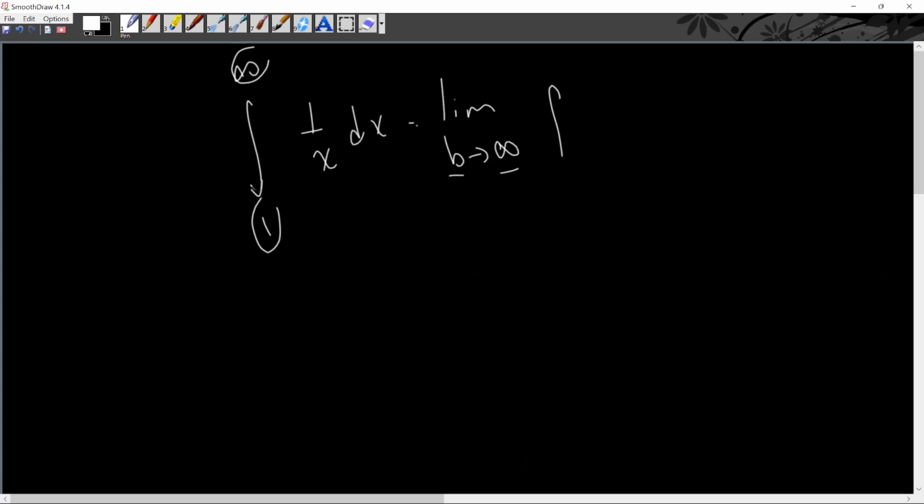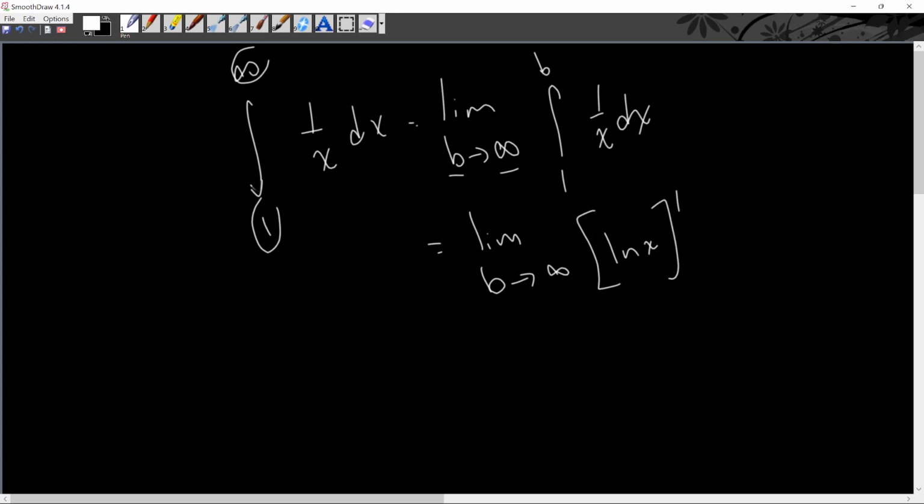You can't take infinite area under the curve, so you rewrite infinity as b or t or whatever, and you do the integral from 1 to b of 1 over x dx. Now you have the limit as b approaches infinity of the integral of 1 over x, which, as we've said many times, is ln x from 1 to b, right?